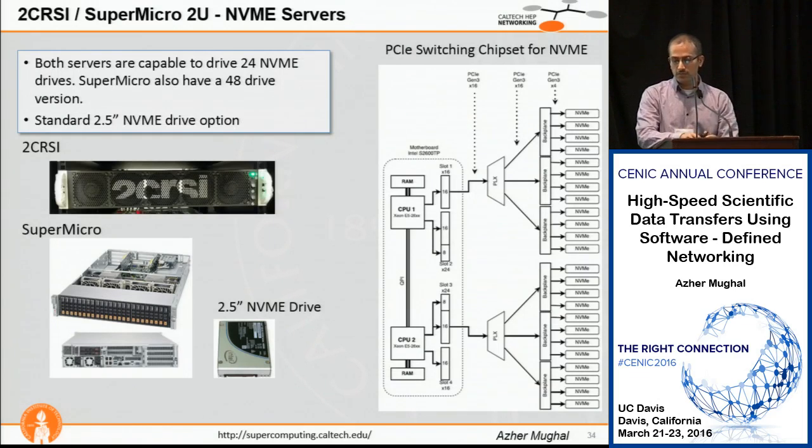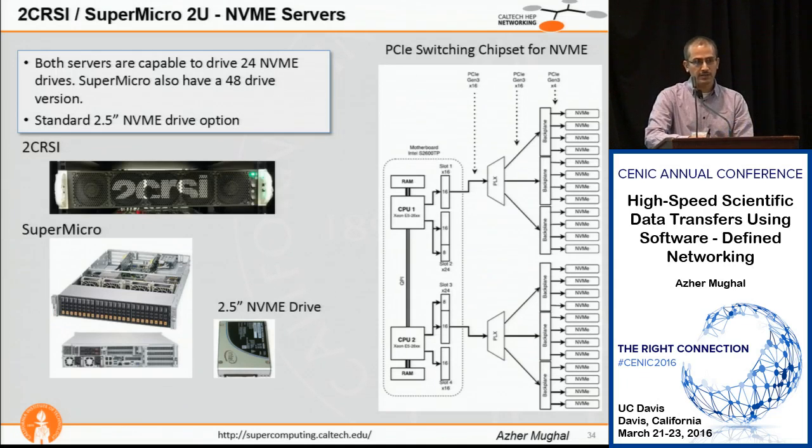There are two servers which I used in my experiments, one from CRSI and the other from SuperMicro. The diagram on the right side is from the CRSI. There you can see that a single CPU is giving out a single X16 PCI Gen 3 bus, which is expanded through a PCIe expander into 48 lanes. There are 12 drives.